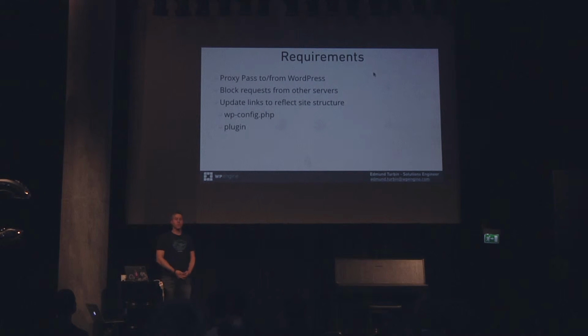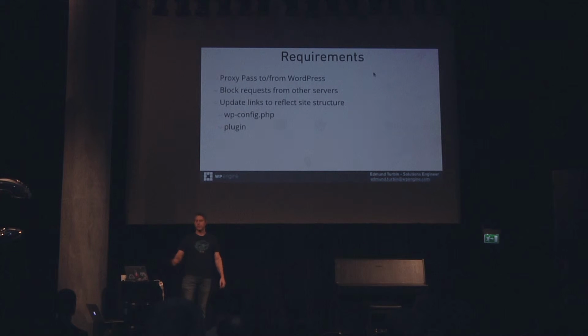So requirements for reverse proxy, this is what happens on the technical level. So you're doing this proxy pass. So you're saying, all right, traffic that goes to WordPress is on this URL, and all other traffic is on another URL. We want to make sure that the reverse proxy is blocking requests. So essentially making sure that no other servers can make a request to the reverse proxy.